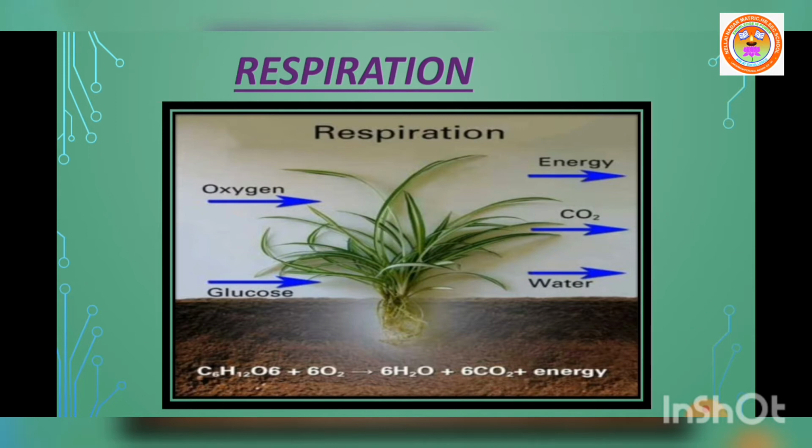This respiration takes place in the presence of oxygen, so it is called aerobic respiration. The overall equation of aerobic respiration is C6H12O6 plus 6O2 gives 6CO2 plus 6H2O plus energy in the form of ATP.